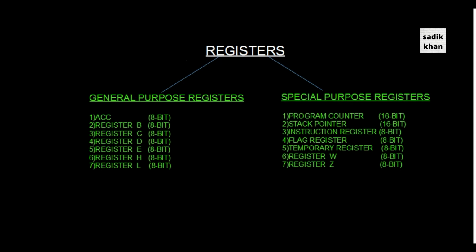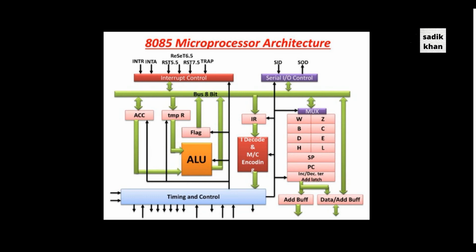Now here I am just introducing what the components are. Here you can see the general purpose registers: accumulator, register B, C, D, E, H, L. These are general purpose registers.